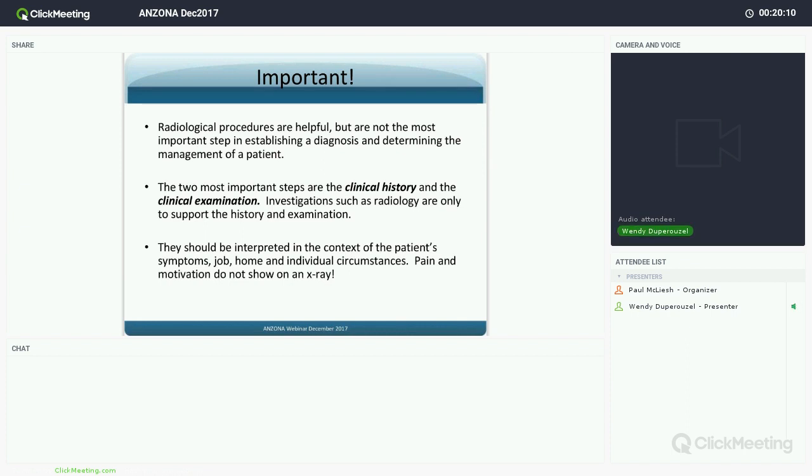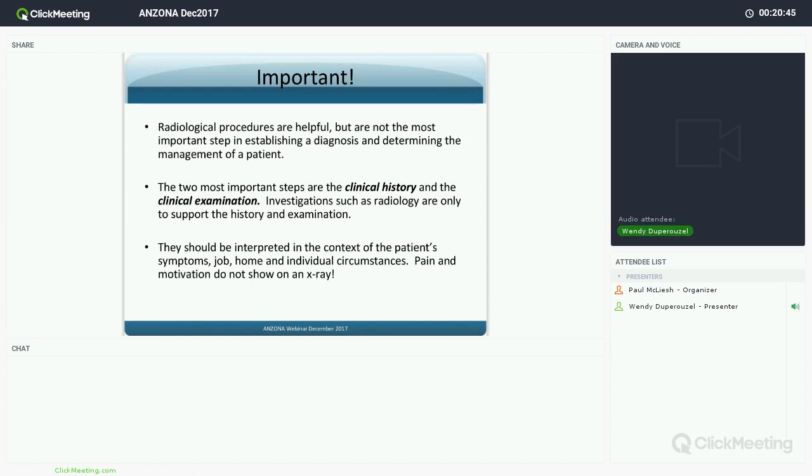Radiological procedures are very helpful, but it's not the most important step when we're assessing and also planning to manage our patients. Really, it is just a tool to back up what we're thinking about and what we're planning on doing. The history, the clinical examination of the patient, and the investigations are really just to confirm what we've found from the history and also the examination. They should be interpreted in the context of the patient's symptoms, job, home, and also their individual circumstances.